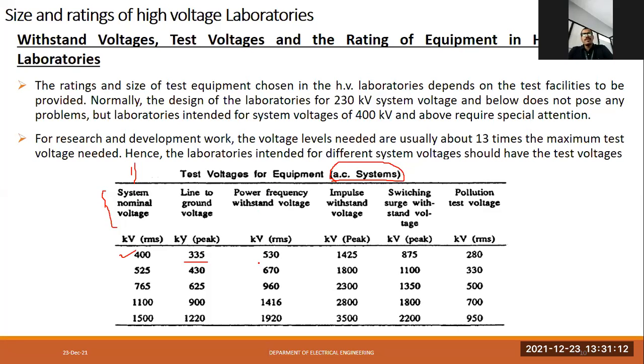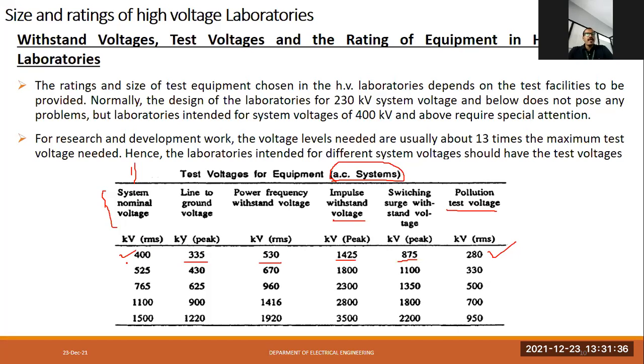Then the power frequency withstand voltage should be around 530 kilovolt, and the impulse withstand voltage is around 1425, around 3 times the nominal voltage. The switching surge voltage should be around 2.1 times the nominal voltage, and the pollution test voltage should be 280 kV, that is the RMS value.